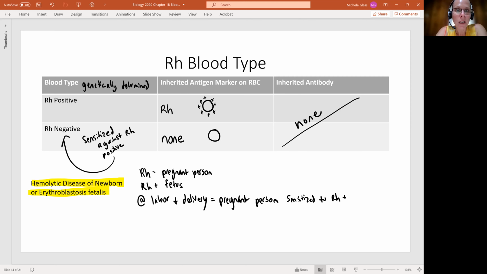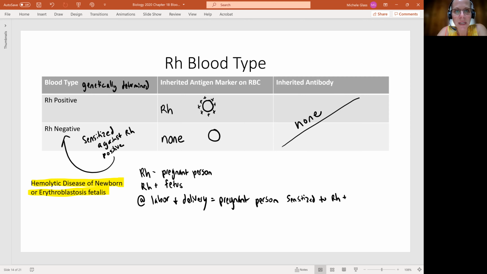So their body then sees those fetal Rh positive red blood cells as foreign and attacks and remembers that. And so if this is the first pregnancy, it doesn't really matter because that fetus is now a baby. It's in the outside world. And so even though the pregnant person is being sensitized to Rh positive and killing these fetal cells, it's not in fact impacting the infant because the infant is outside of the pregnant person's body, right?